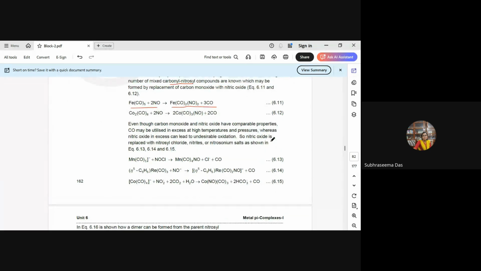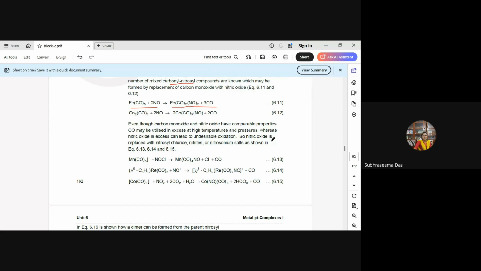For carbonyls we see Fe(CO)5, but for nitrosyl there are hardly any complexes that contain only the nitrosyl ligand. Other ligands are also present. However, a large number of mixed carbonyl nitrosyl compounds are known. In this case, Fe(CO)5 plus NO forms Fe(CO)2(NO)2 plus CO.